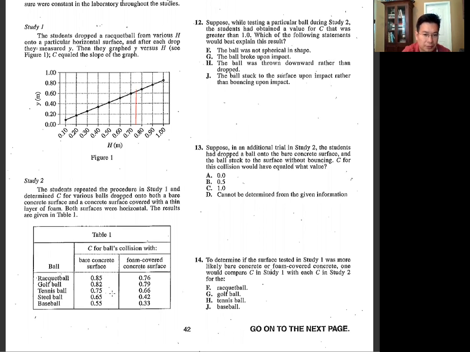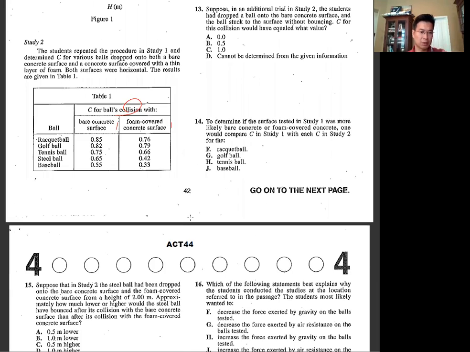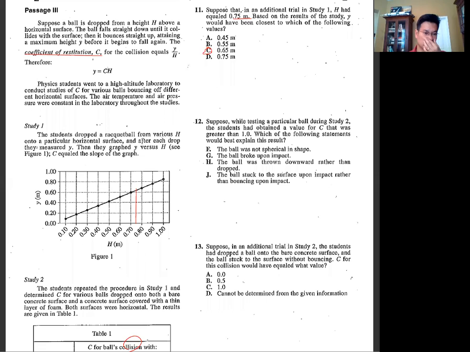C is the coefficient of restitution. So C is Y over H. Y is the distance, and H is the height above the surface. Y is the maximum height.